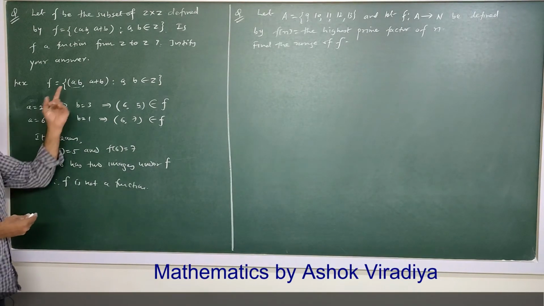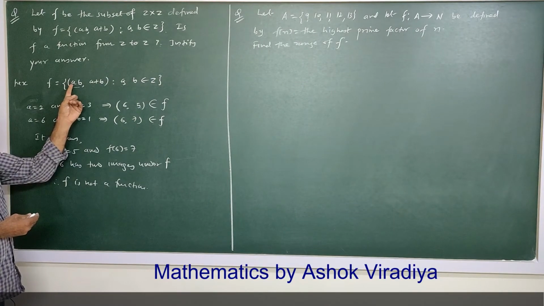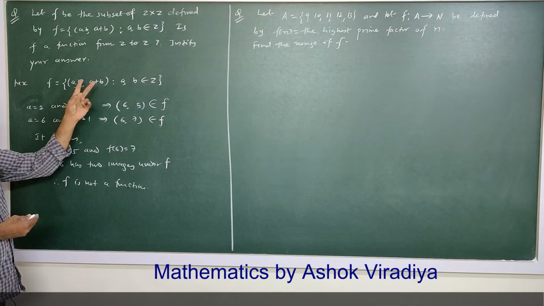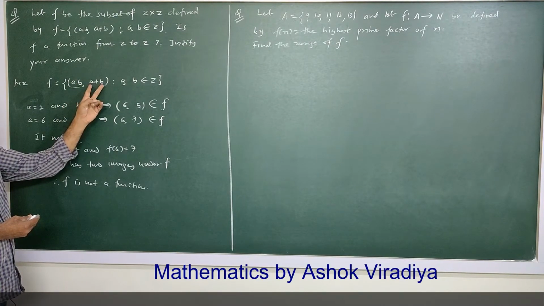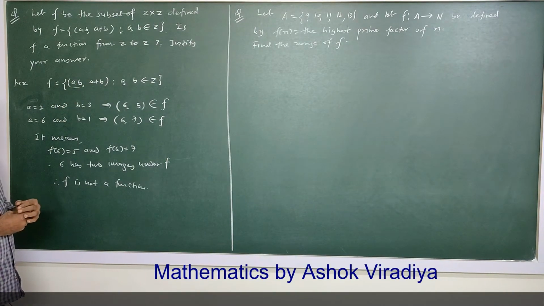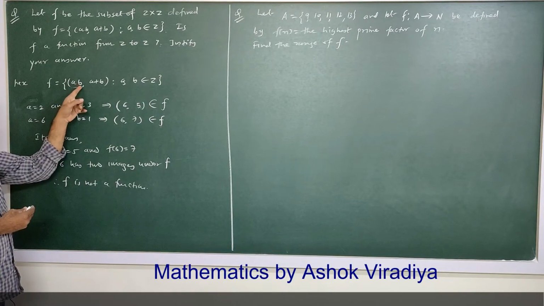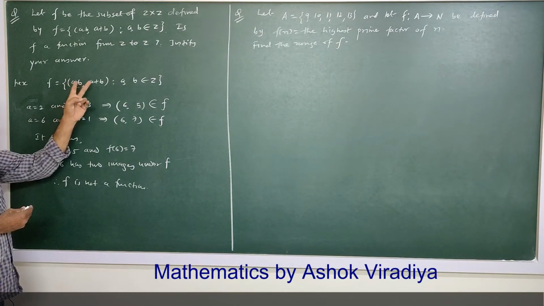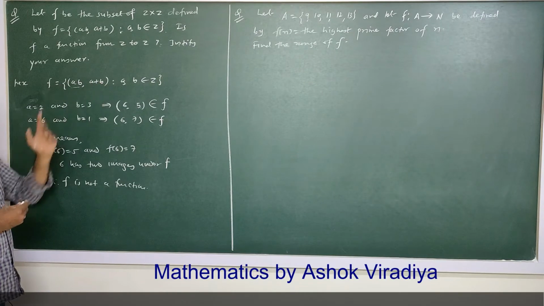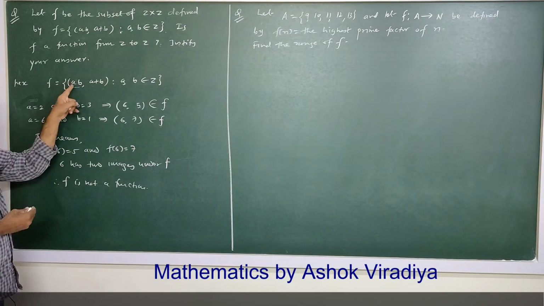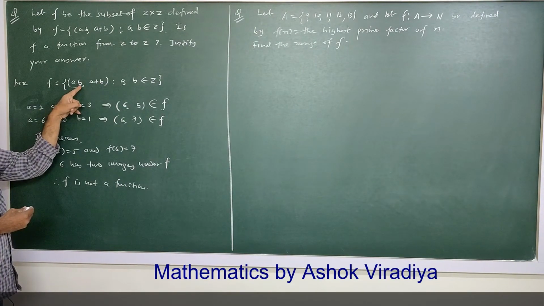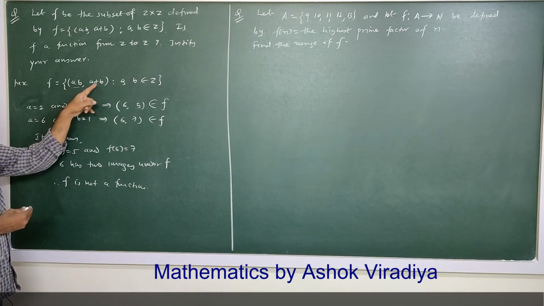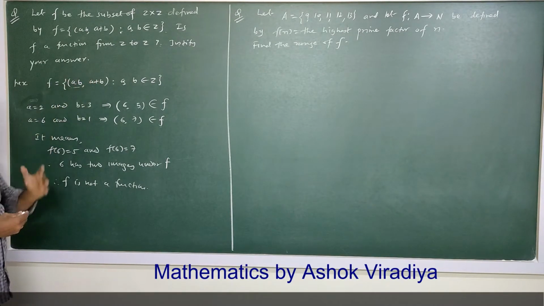Here if you take a is 4, b is 2, so 4 into 2 is 8. Image of 8 is 4 plus 2, that is 6. Then take 8 into 1, so here 8 plus 1, so image of 8 will also be 9.